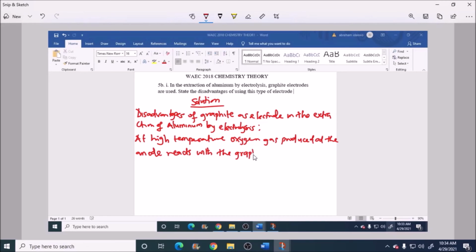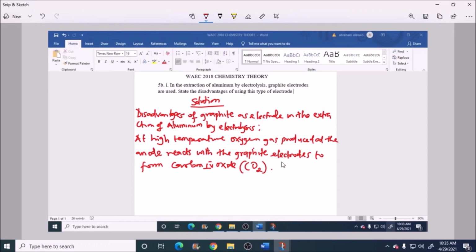I've mentioned earlier that this graphite is one of the allotropes of carbon, so it reacts with the graphite electrodes to form carbon 4 oxide, which is CO2.